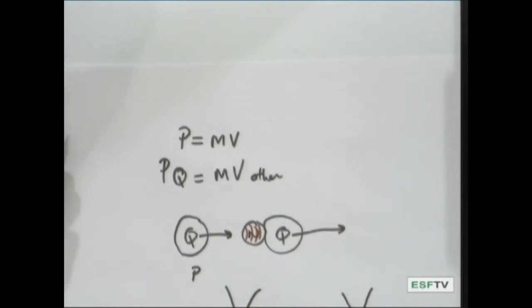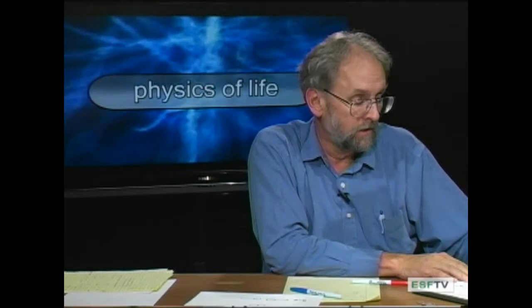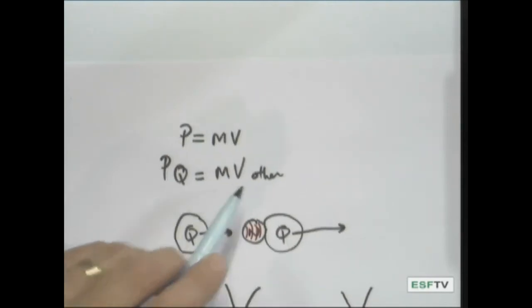If the other coin is a quarter, the momentum in the quarter will come out as a velocity that's identical to the velocity of the quarter coming in. On the other hand, if you have a dime which weighs about half, this mass right here is half. That means that the velocity that emerges from the momentum imparted to it by that moving quarter is going to be about twice that of the quarter.